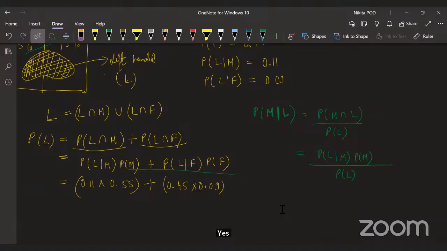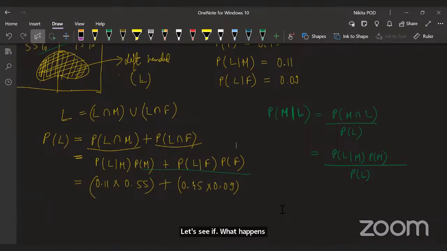First question is, can we use the total probability theorem for independent and dependent both cases? See, let's say here L and M are independent.